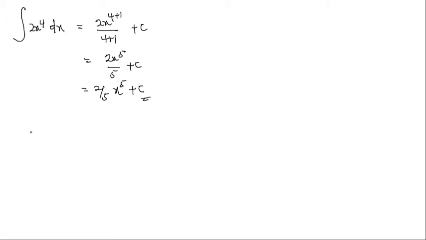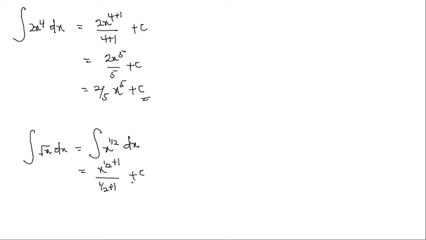Now let's have a look at another simple example. We have to integrate root x with respect to x. To integrate this, root x can be rewritten as x raised to the power half dx. From here all we need to do is add 1 to the power, divide by the new power, and add c to it.